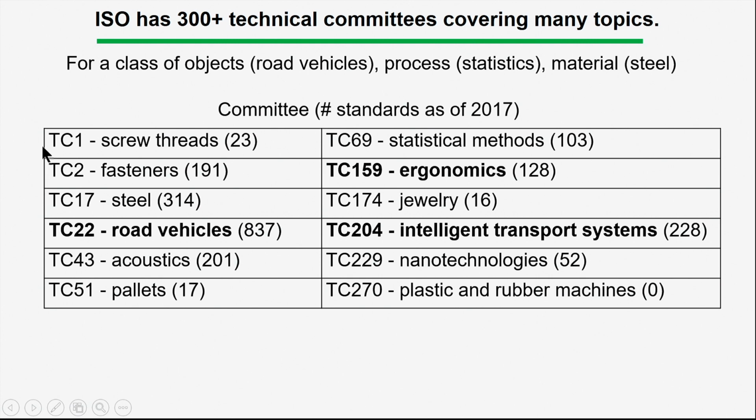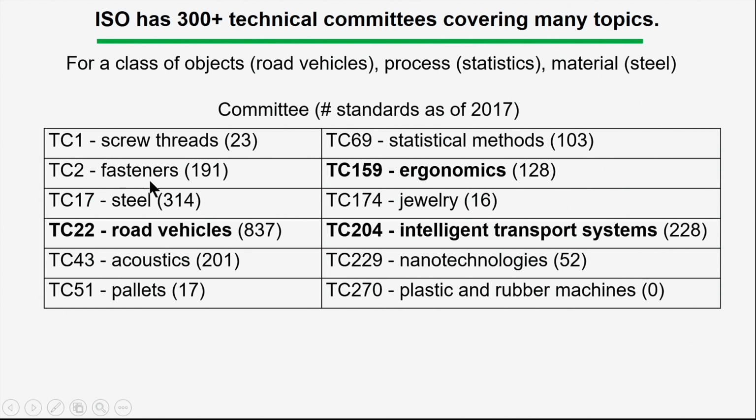So the original standards, technical committees 1 and 2, were really issues that were central to international trade and travel. Things like screw threads and fasteners. If you don't have international agreement on the parts that are used to make pretty much everything, then it's very difficult to ship things internationally.